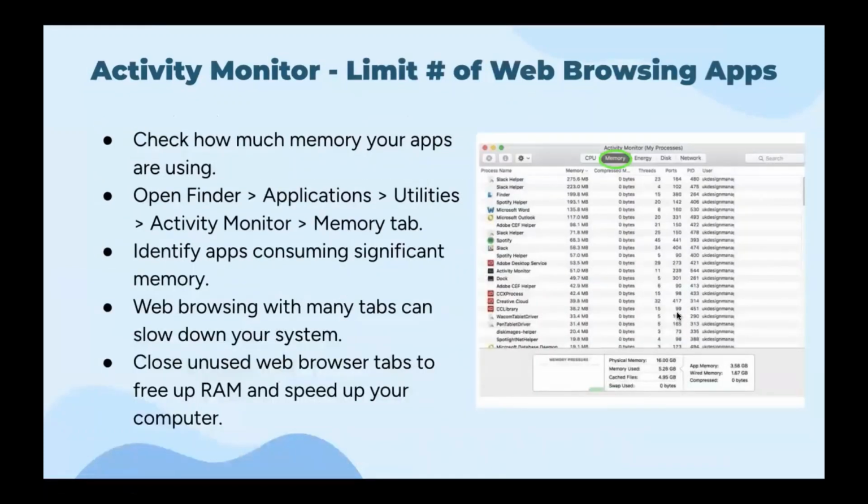Limit the number of web browsing apps. You can check how much memory your apps are using. Open Finder, click on Applications and then Utilities, click on Activity Monitor and then on the Memory tab.